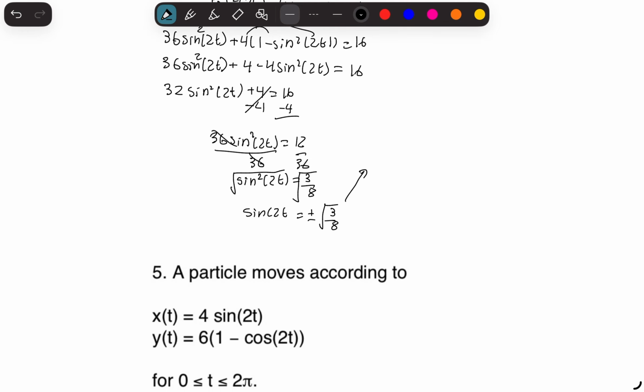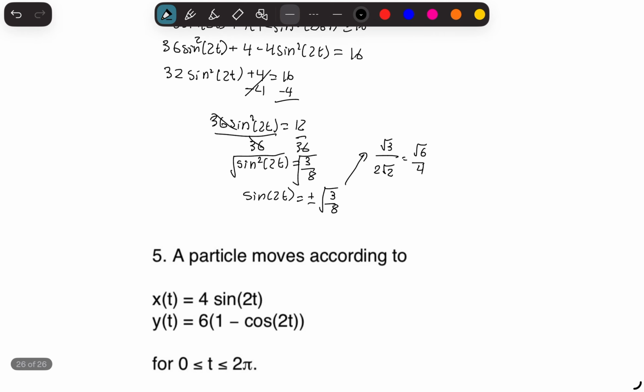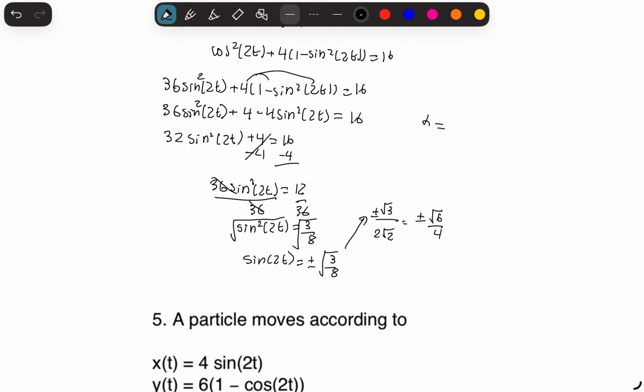Three over 8 is... So we're going to let alpha, this, if in your calculator, is 0.6591.